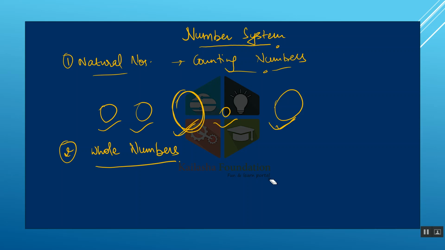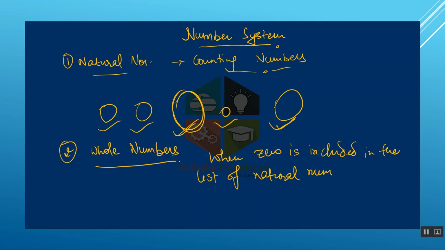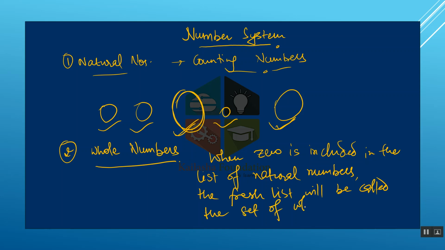When 0 is included in the list of natural numbers, the fresh list will be called the set of whole numbers.